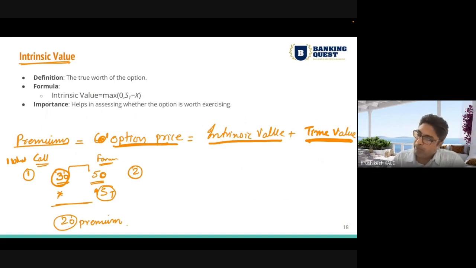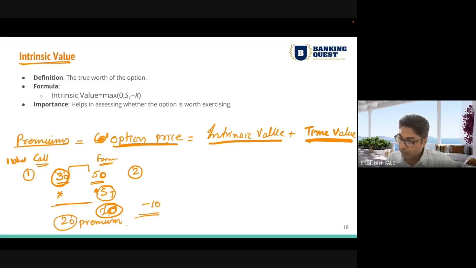But sometimes what happens? Today's market price is 20, and then 20 minus 30, your value goes negative. But we won't exercise at 30. We will directly go in the market and purchase it at 20. Therefore, if we don't exercise, our value will be 0.